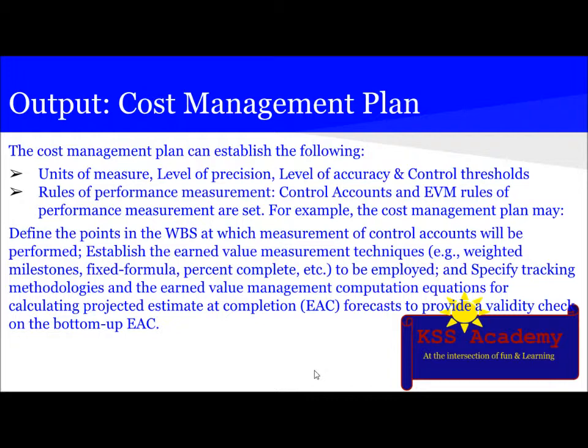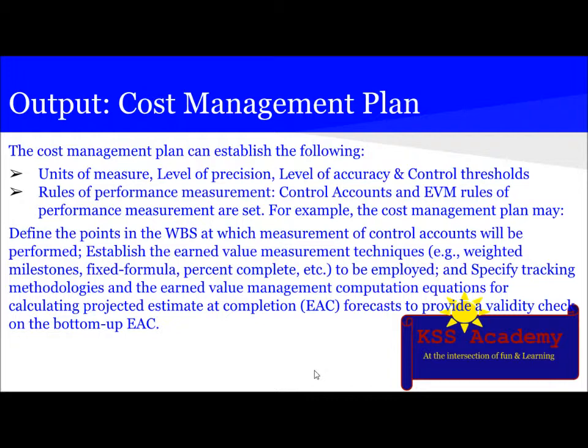So the level of accuracy is basically just rounding. And then we can set the rules of performance measurement using control accounts and earned value management. For example, the cost management plan may define the points in the work breakdown structure at which the measurement of control accounts will be performed.